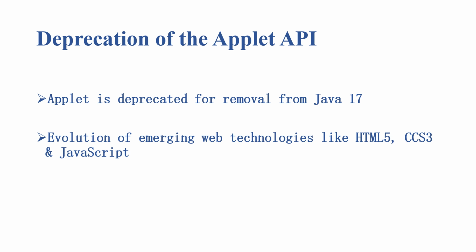These technologies are working fine without even a dependency on the JRE, the Java Runtime Environment. So there is a significant decline in the use of the applet, and that is the reason it has been deprecated in the recent Java 17 release.